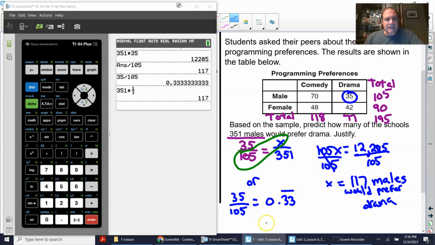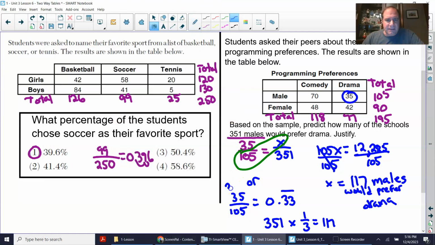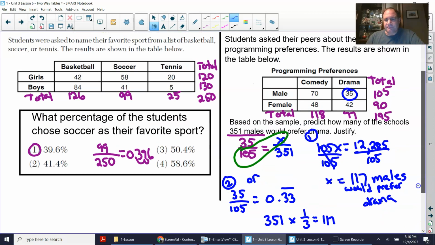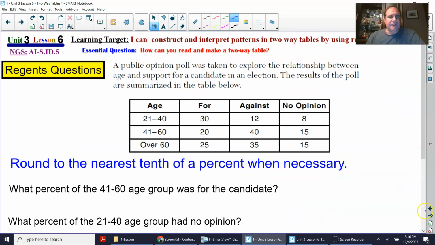Then you would take the 351 males and multiply by 1/3. You can't even use 0.333 because it's rounded. Then that would come out to be 117. So either way works. This is the second method, and the first method is to set up a proportion. I think that's much easier.